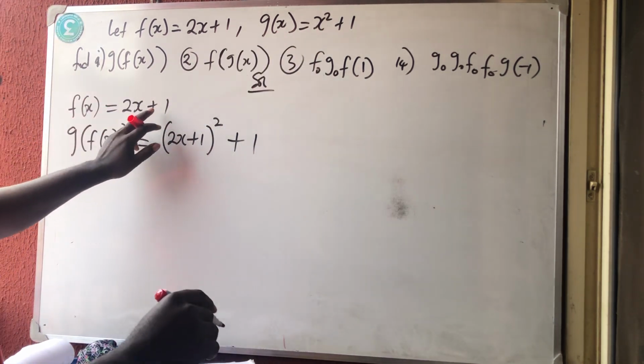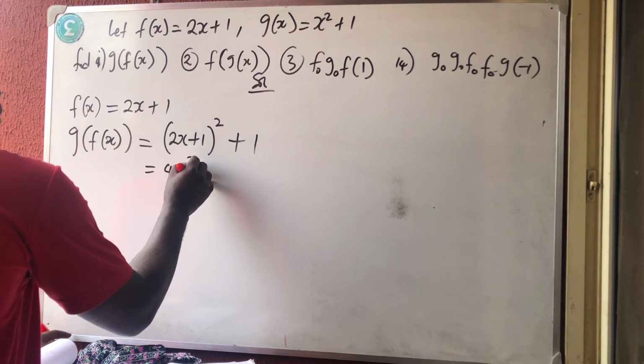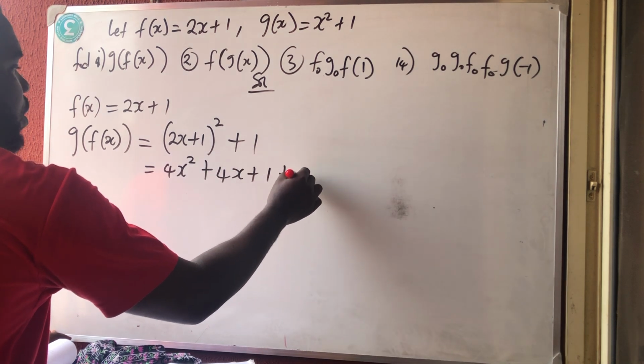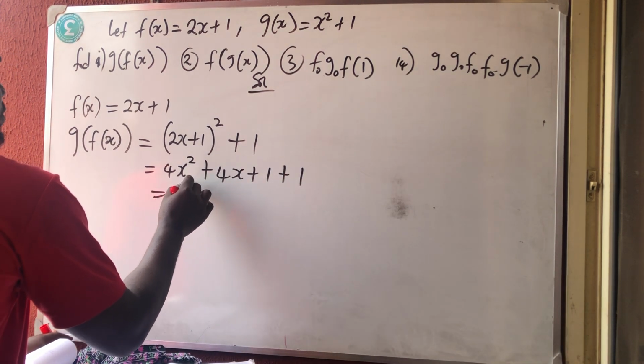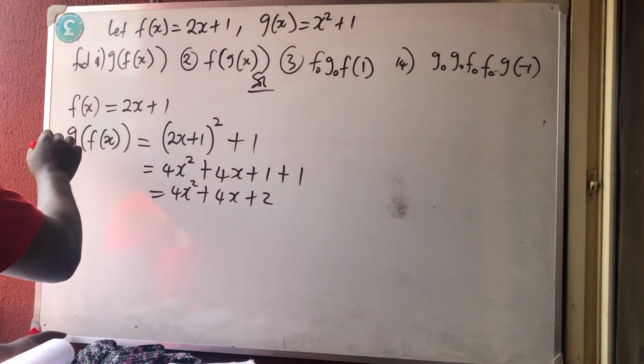Anywhere you see x, replace it with this thing. So my answer is now square the first one, 4x squared plus 4x plus 1, plus this one, which is 4x squared plus 4x plus 2. Okay, you are done with that.